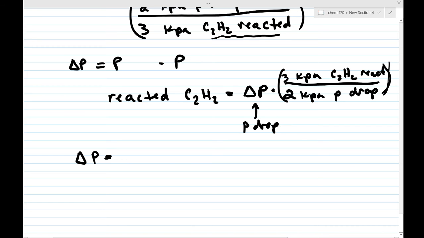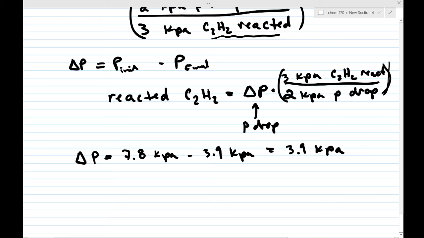Instead of final minus initial, it's initial minus final, because I want to know how much it has actually dropped. So it's the initial pressure, 7.8 kilopascals, minus the final pressure, 3.9 kilopascals, and the difference between these two is 3.9 kilopascals. Okay, so now we have the pressure drop in the reaction.